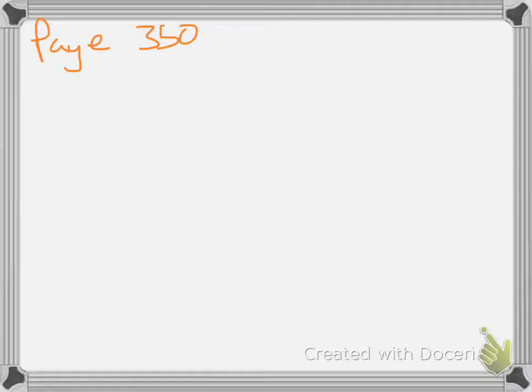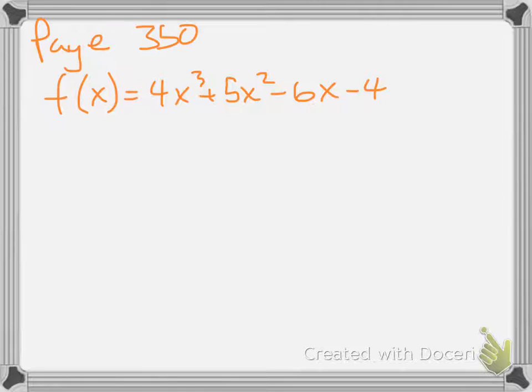F of x equals 4x cubed plus 5x squared minus 6x minus 4, and the x value is negative 2. So what they're telling us to do is to find f of negative 2. And we're going to find it using the remainder theorem. Okay, so to use the remainder theorem, we're saying that this is our a value, negative 2.